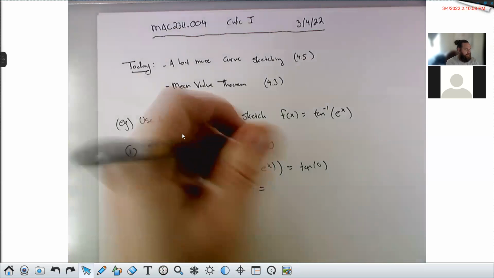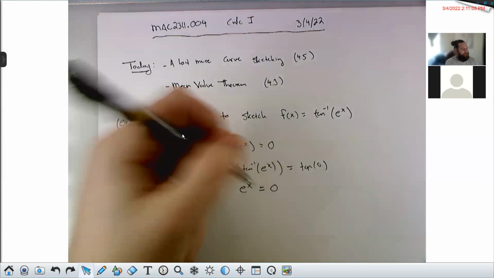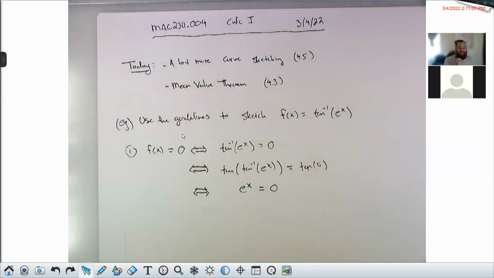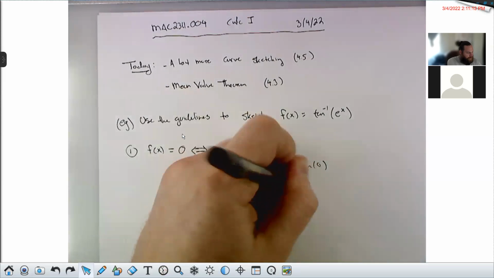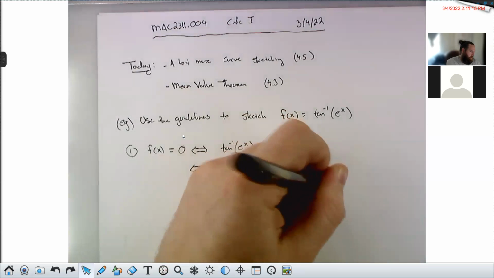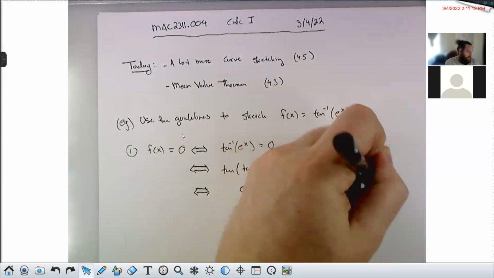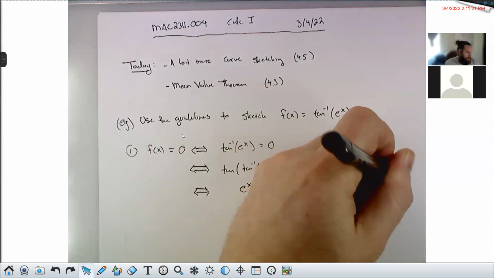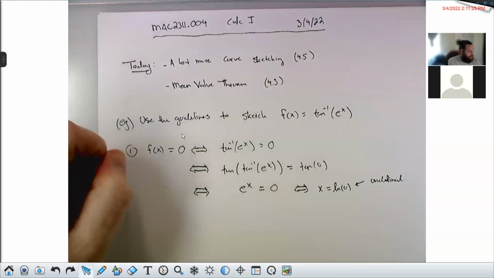On the right-hand side, you have the tangent of 0, and the tangent of 0 is 0. So this gives us e to the x equals 0, but that's never true, right? This would be true if x was the natural log of 0, but this is undefined. Okay, so there are no x-intercepts.